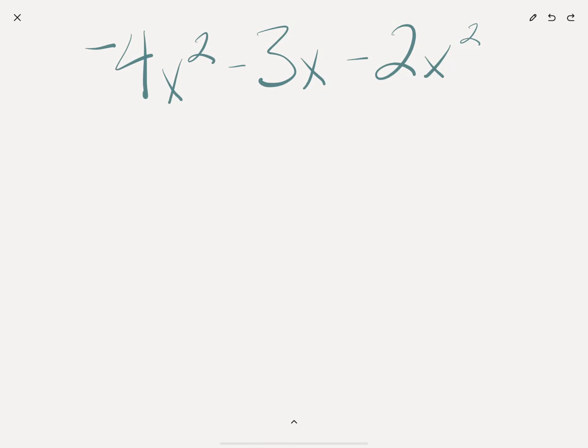Alright. Throw in a few exponents here. Negative 4x squared minus 3x minus 2x squared. Alright, same deal here except that we have some exponents. Our variables are x, x, x. Okay, so we've got all x's here. However, we do have some different exponents. If you notice, two of the variables have an exponent of 2, and one of the variables does not have an exponent at all.